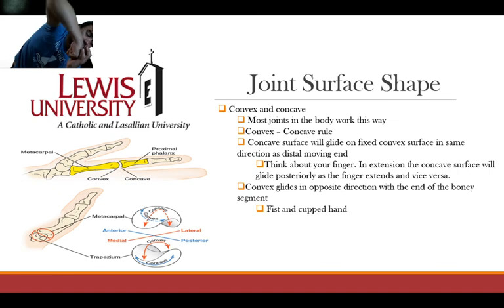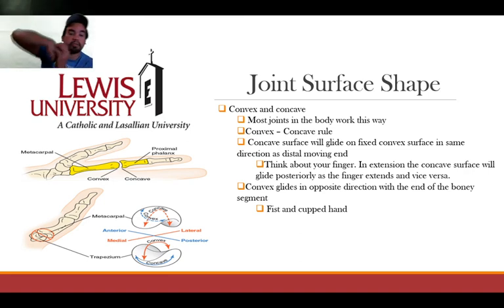As this convex portion of my fist moves this way, my elbow moves the other way. Okay? So when it's convex on concave, opposite. Concave on convex, same. That's what that means.